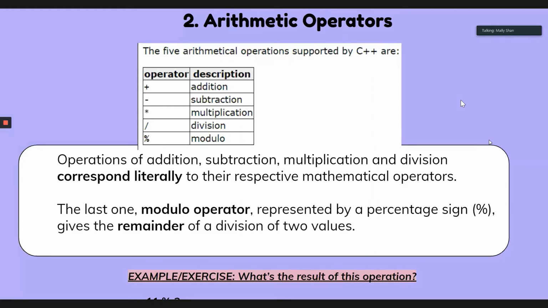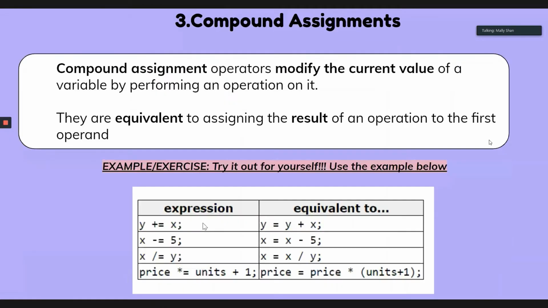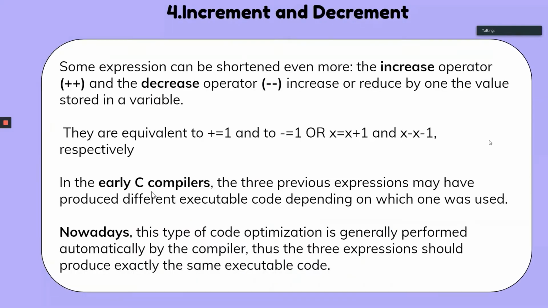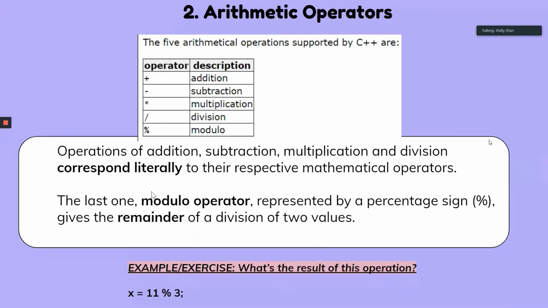So I don't know why my example's not showing. Okay, yeah. So here the example exercise is 11 modulo 3. So what we're doing is basically dividing 11 by 3. Now, if you remember, this isn't a simple division because you are going to have a remainder, right? 3 doesn't go evenly into 11.